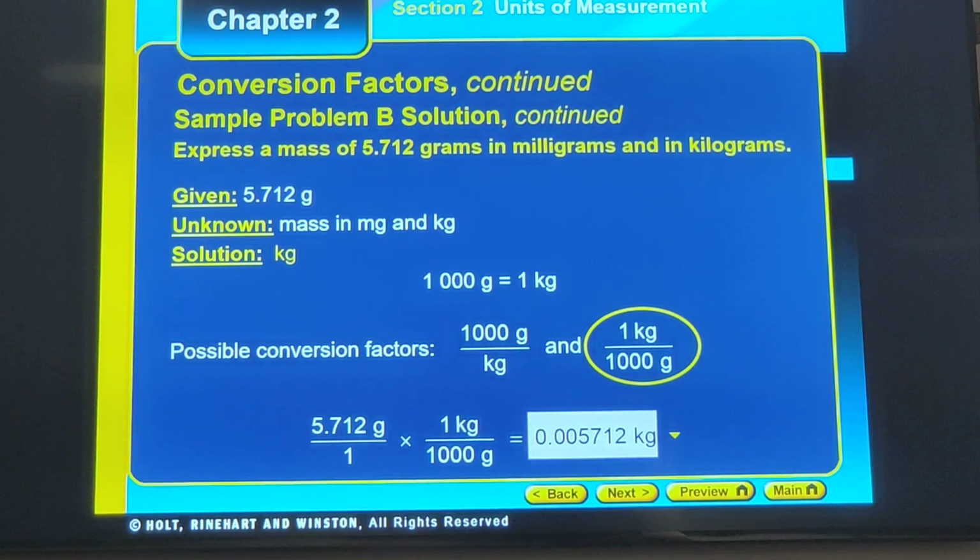Or again, I could write that one as 1 gram is equal to 0.001 kilograms, okay? Which is just another way of saying the same thing. One of those maybe makes more sense to you, so use that one. So there's not just exactly one way to do it. A lot of these have more than one way of doing it.